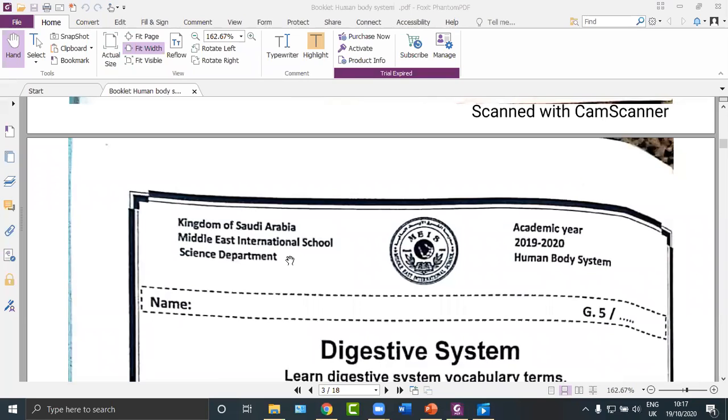The wave-like contraction of muscles in the organs of the digestive system. Peristalsis. Number 2.